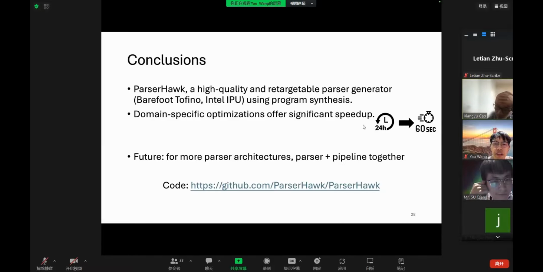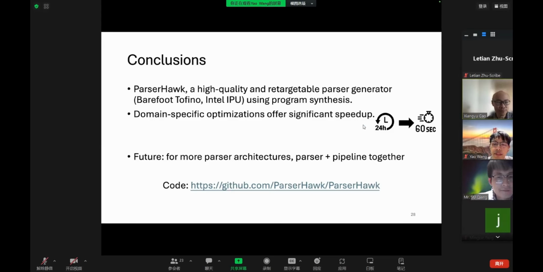I just want to add a little bit more to this part. Program synthesis appears in most of my papers. Previously I used program synthesis to generate code for the packet processing pipelines of the programmable device. In this case, I use program synthesis to generate code for the parser part of the programmable device.